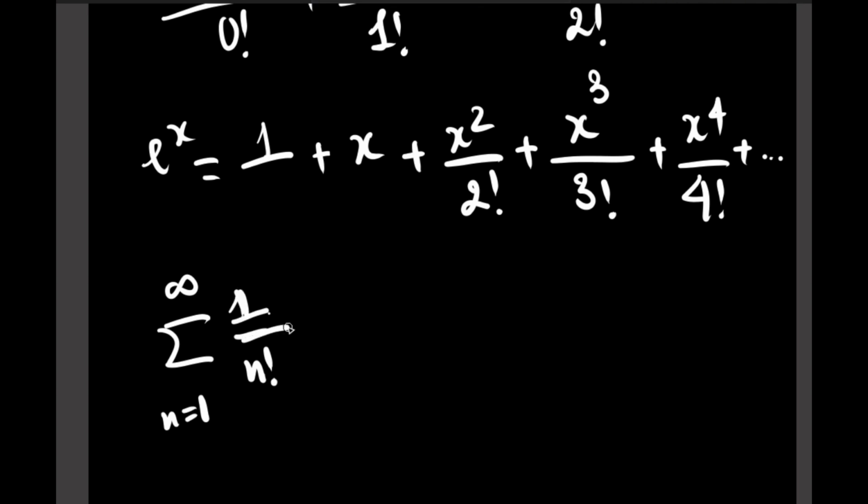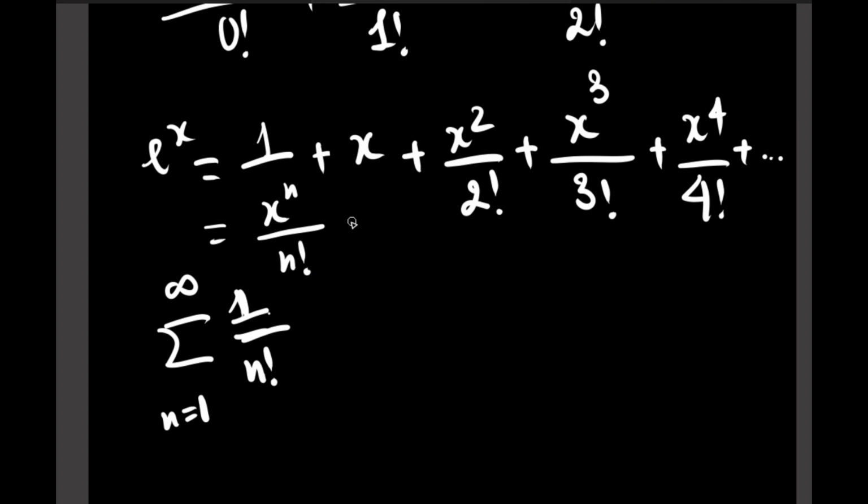Okay, so imagine there's a question asking you to evaluate this value, and how can we do that? This reminds you of something: we can rewrite the MacLaurin series for e to the power of x like this, x to the power of n over the factorial of n.